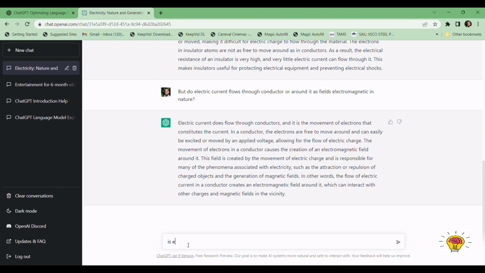Is the electromagnetic field real or just a theory?